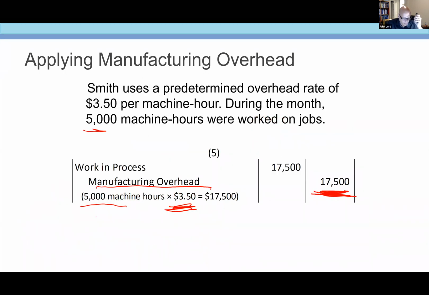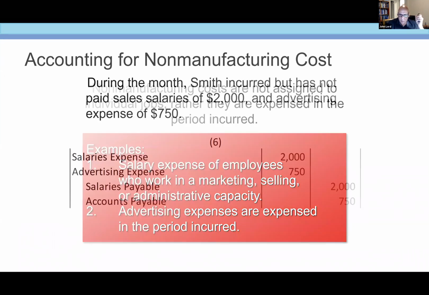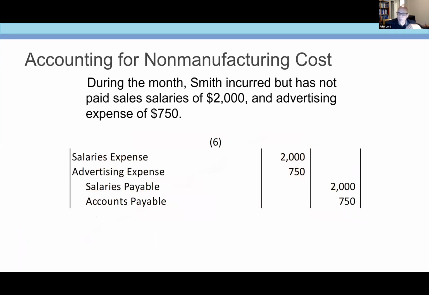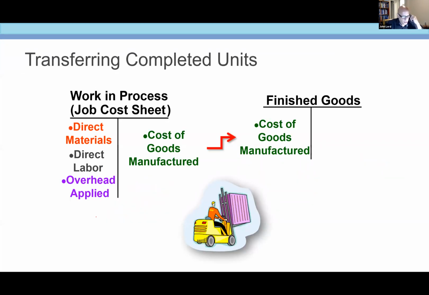Okay? So we have our non-manufacturing costs. Non-manufacturing costs are our selling and administrative expenses. They are expensed. They go straight to the income statement. So they are no part of this calculation of our product cost going through our work in process. Okay. Now we sit here and we finish our work.